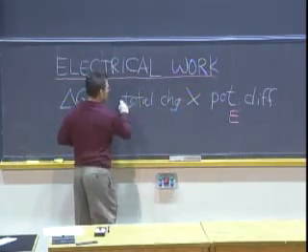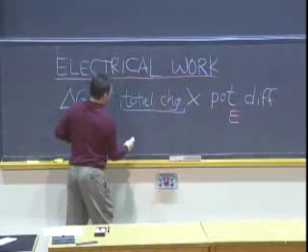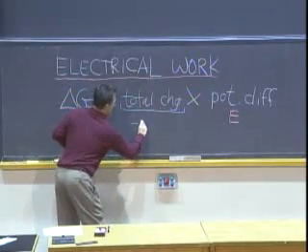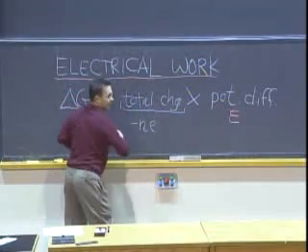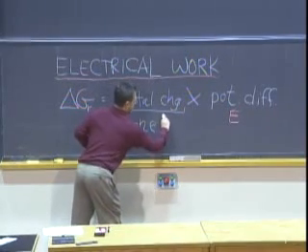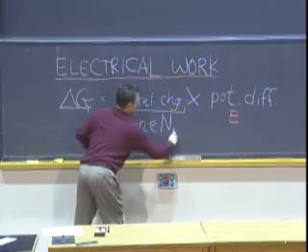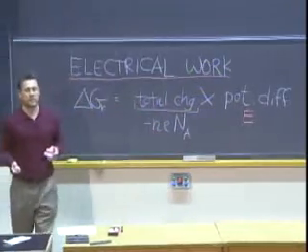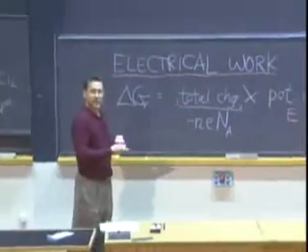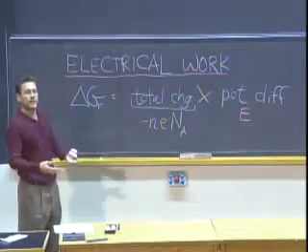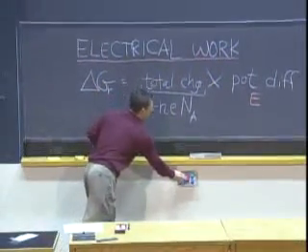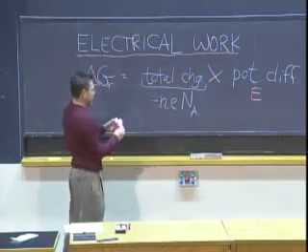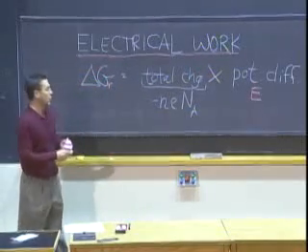Now we want to know what is the total charge. It's going to be negative n times the charge on the electron times N sub A, which is Avogadro's number. And we're going to be interested in getting the total charge expressed in terms of a quantity per mole. Actually, we're going to express it in coulombs per mole.